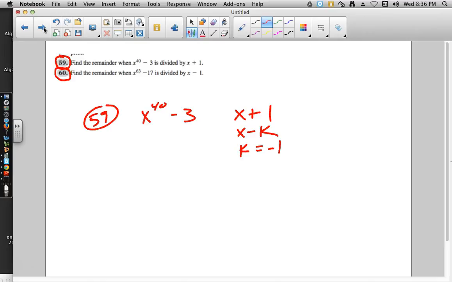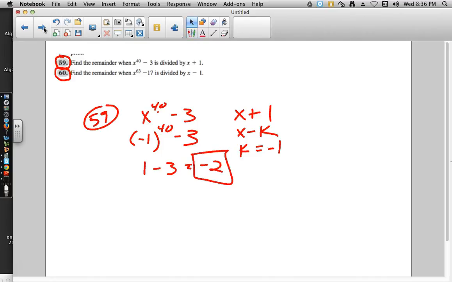So instead of doing this synthetically, because that would really be a problem, you have x to the 40th, you don't have an x to the 39th, an x to the 38th, you'd have zeros all over the planet. Instead, you just think, hey, -1 to the 40th, anything to the 40th, that's going to be positive, and 1 to anything is 1. Answer's -2. Boom, done.